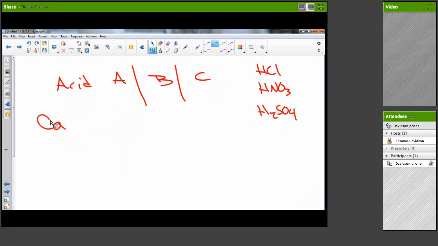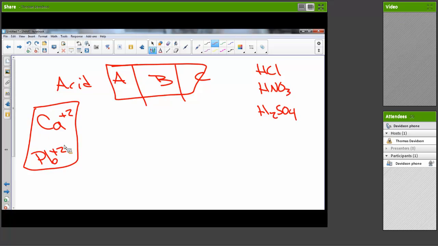It's Ca plus 2 ion. It's something else, but the anion won't matter. And Pb plus 2. You'll have these 3 pipettes, these 2 pipettes, and based on chemistry, you have to tell me what each letter is.